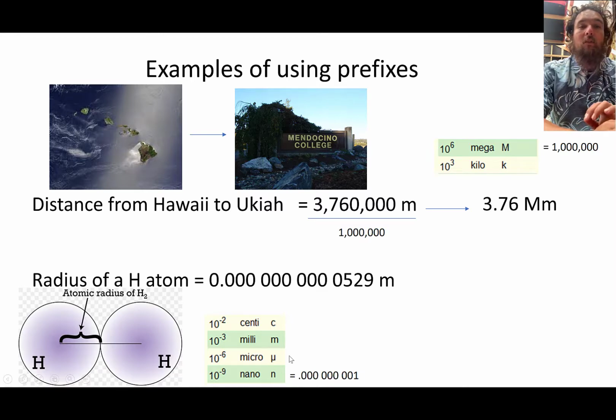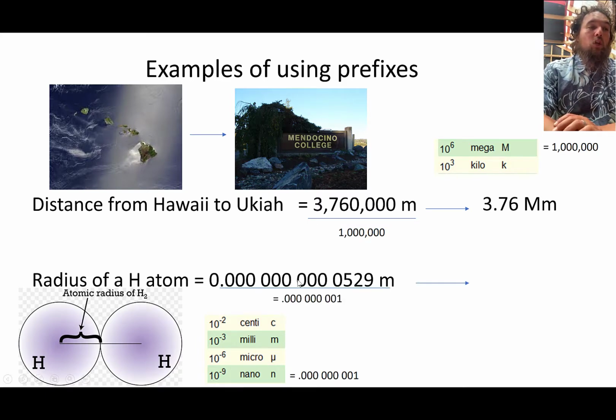You might have heard of the term nanometer. This has to do with the visible wavelength of light. It is extremely small.